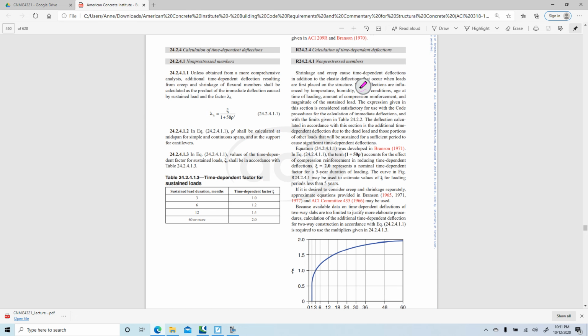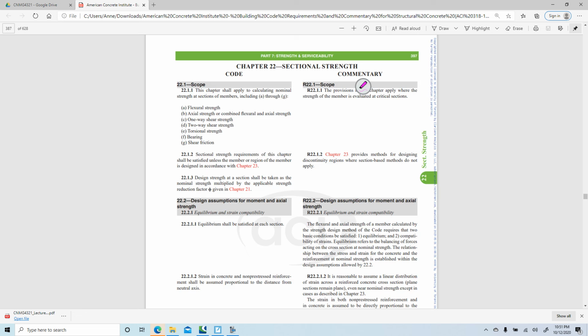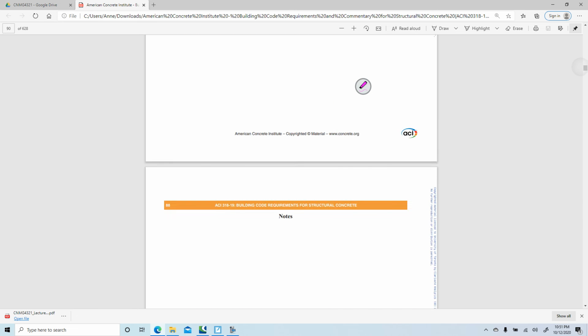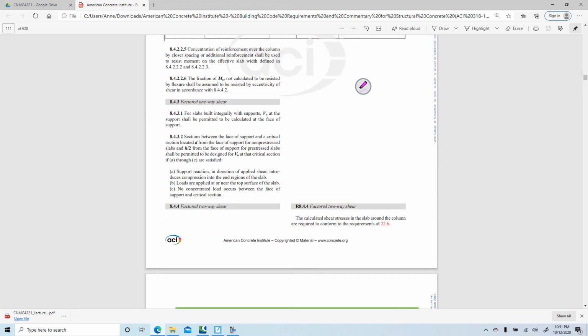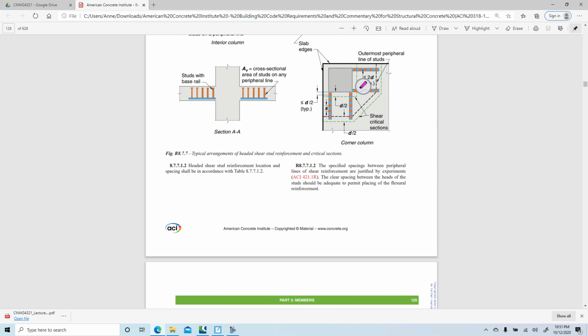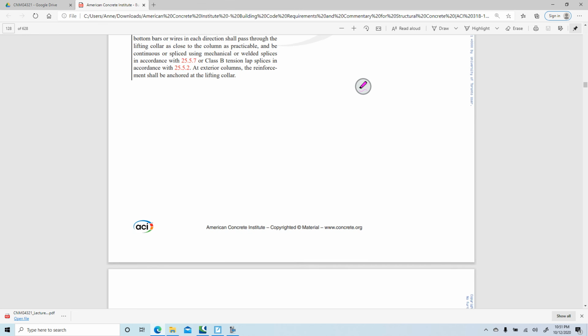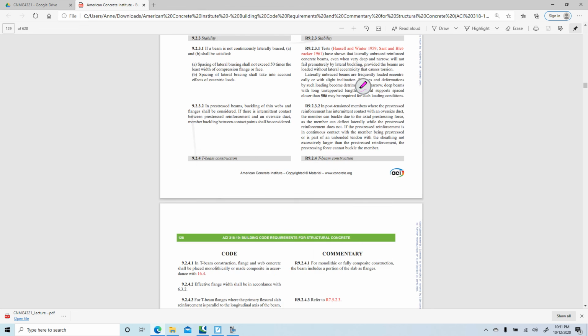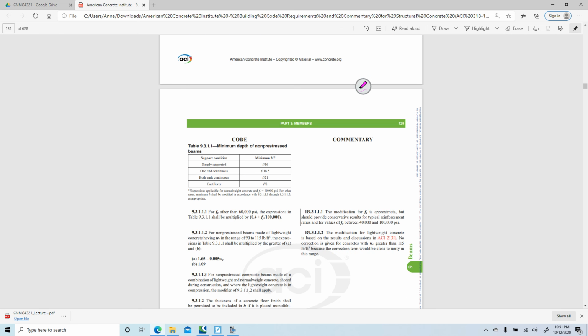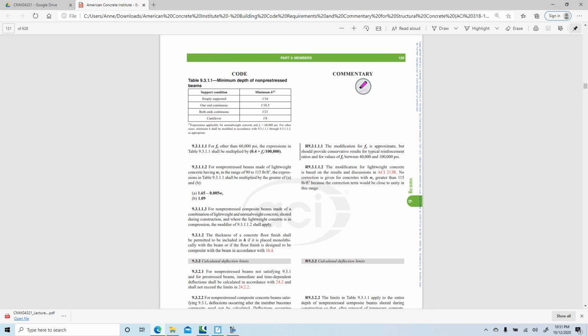So, calculation of time-dependent deflections. That's the time-dependent factor. We're not getting into any of that at all. We're just going to stick up here, good old page 129. That's your minimum depths.